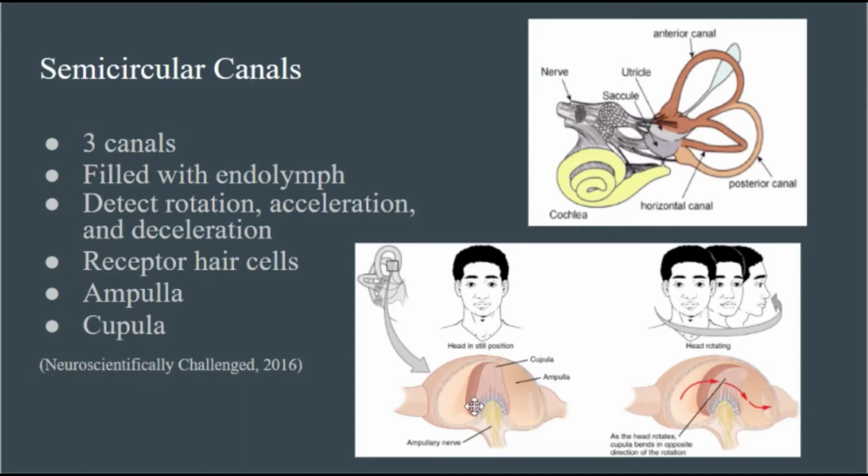It's just sitting in the semicircular canals. As the head rotates, that endolymph is going to pass over the cupula and it's going to bend it. And that bending is going to alert the nerve cells, and that's going to send a signal, which in turn is going to tell your body that the head is rotating.